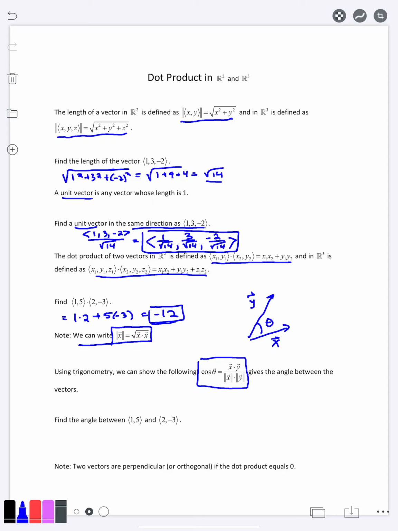So we can calculate everything on the right hand side here. We've learned how to do that. And then we put it in our calculator, do cosine inverse, and that will tell us the angle between two vectors.